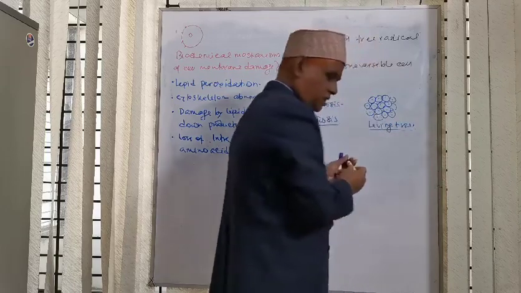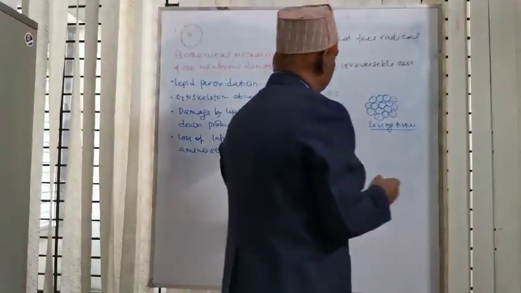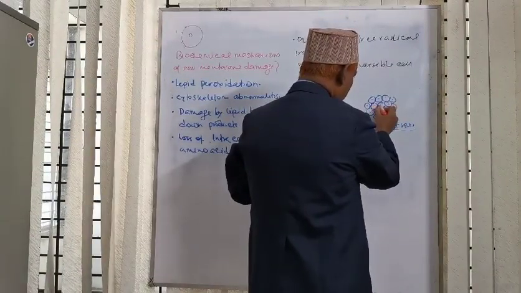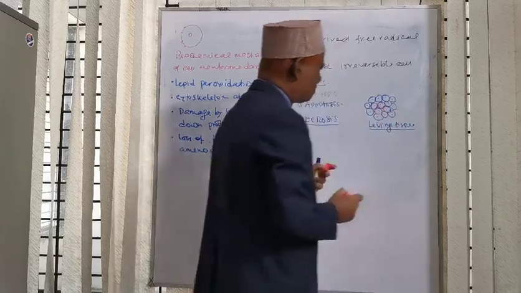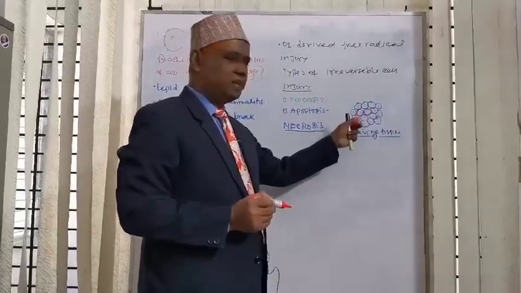If due to any cause, whatever may be the cause, one or more cells undergo death within the living tissue. The tissue is very much living, but a few cells undergo death here.